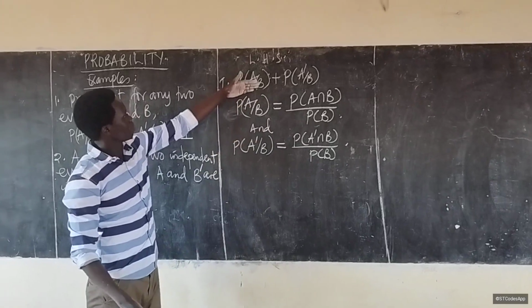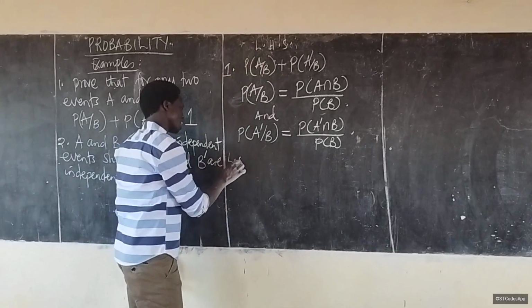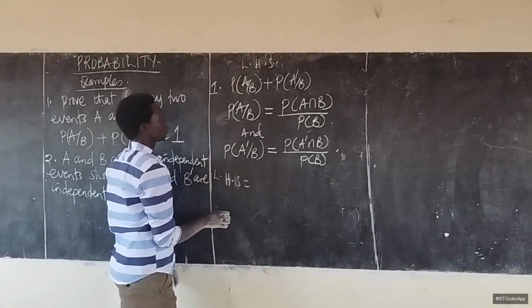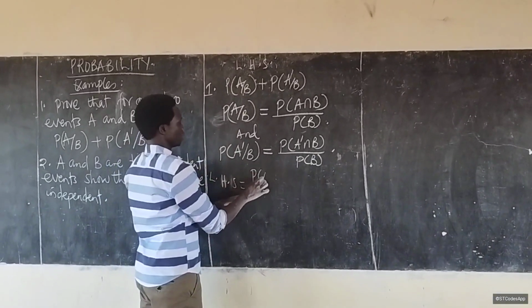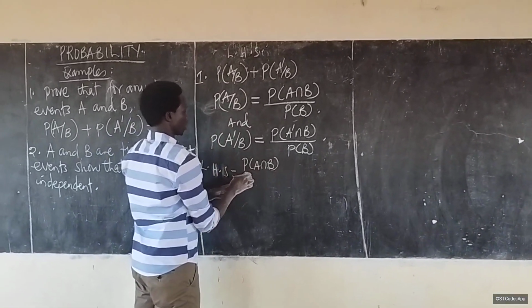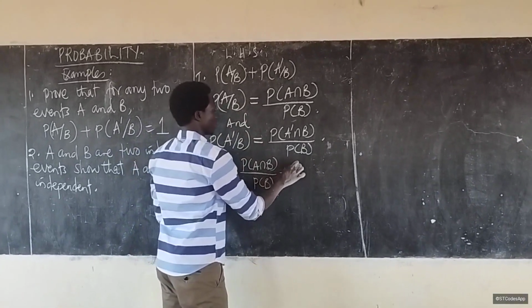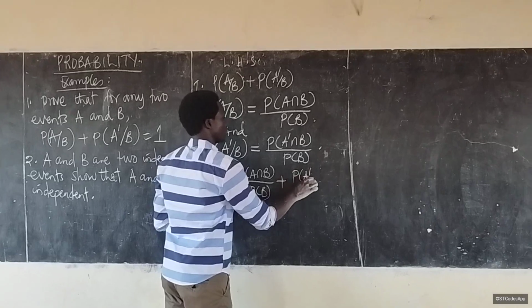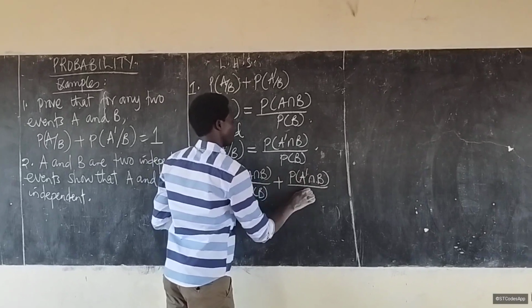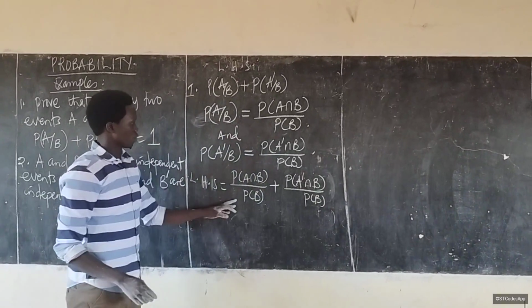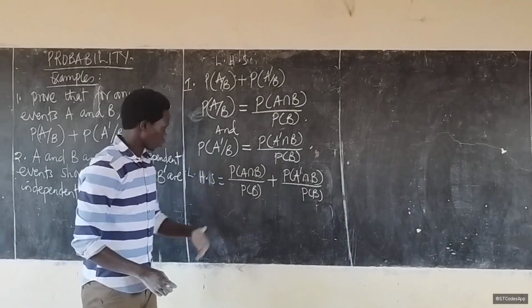So I replace them back. My left hand side would be equal to probability of A intersecting B out of probability of B, plus probability of A prime intersecting B out of probability of B. Since we have the same denominator, we can combine.